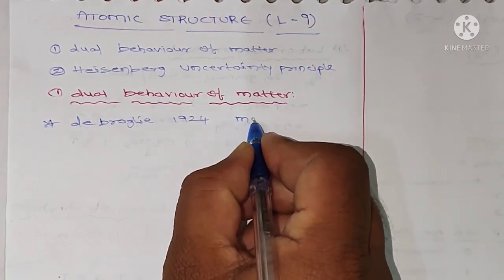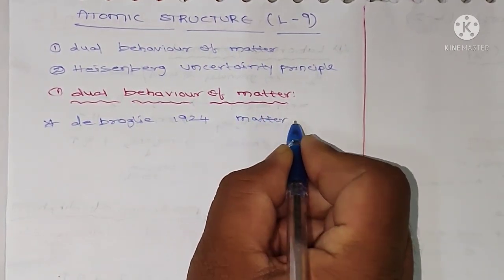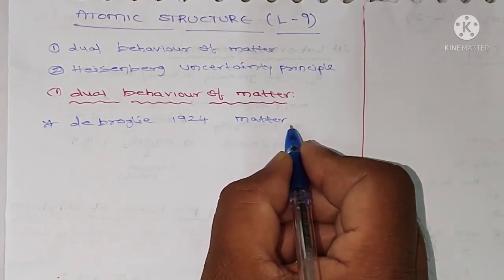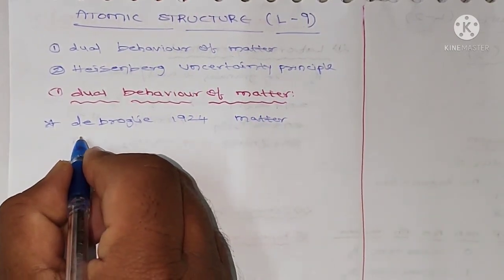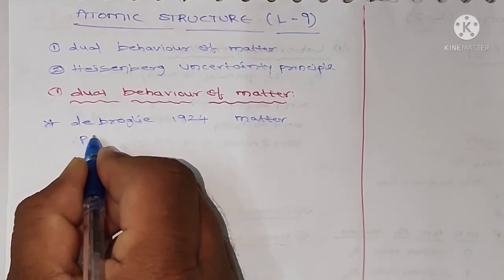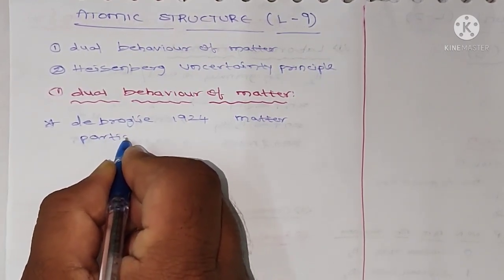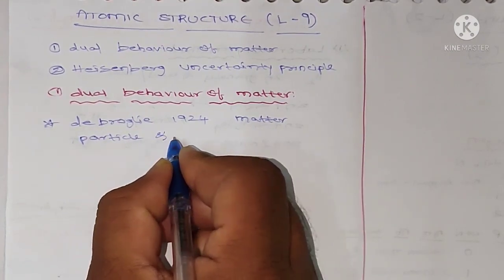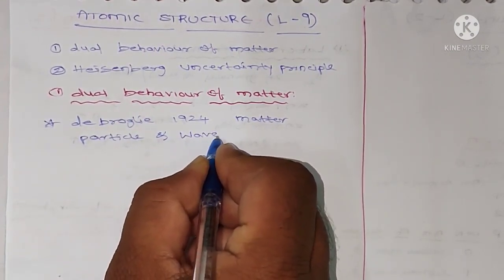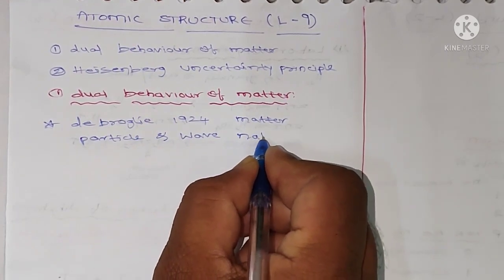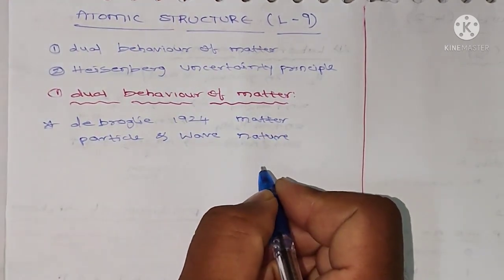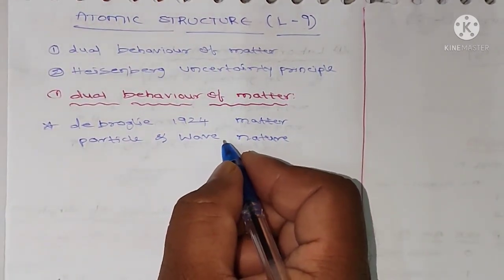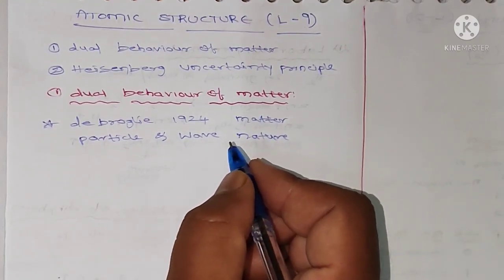So matter has dual nature, particle nature and wave nature. Like electron has particle and wave nature.